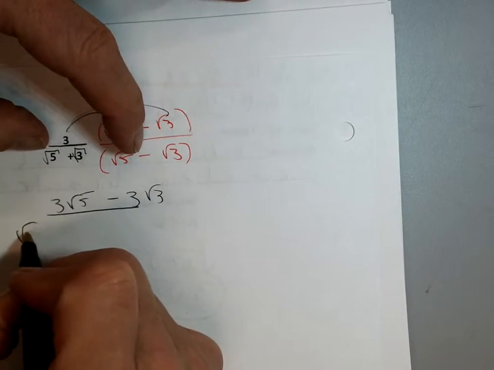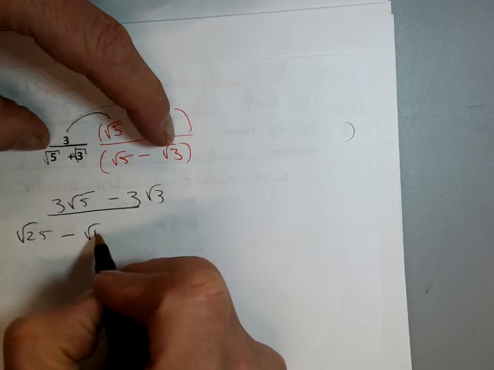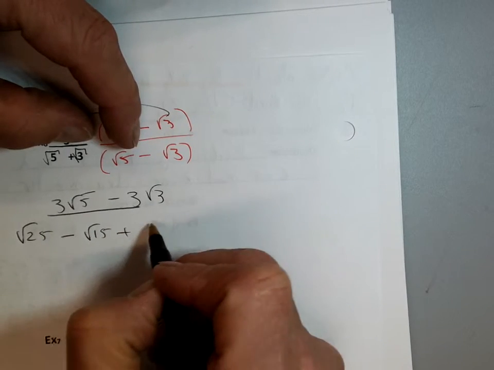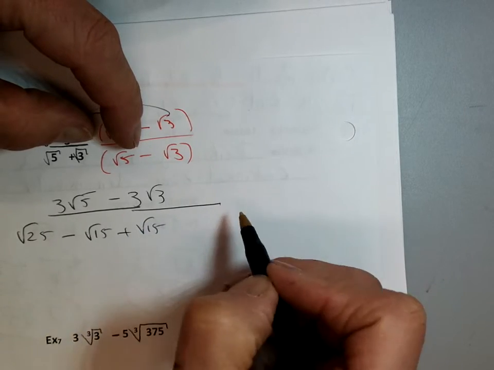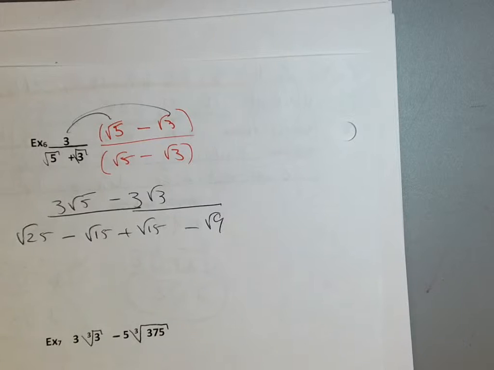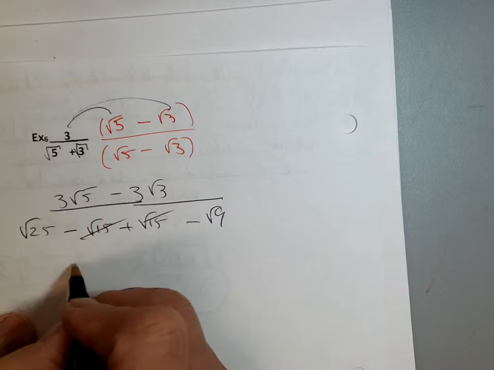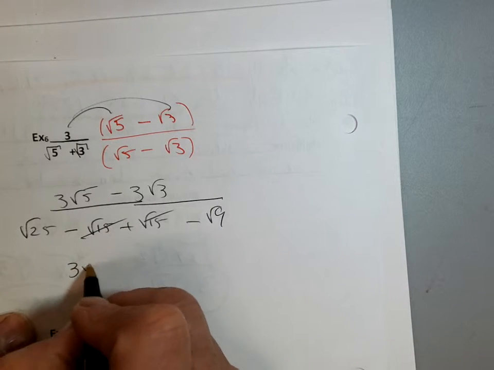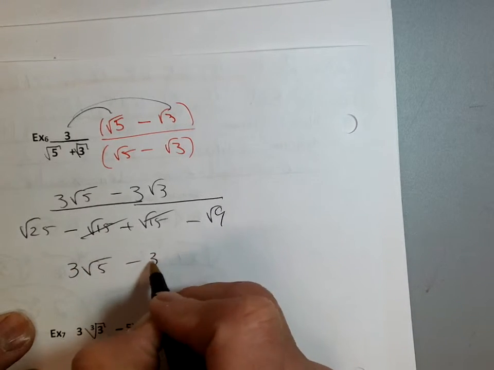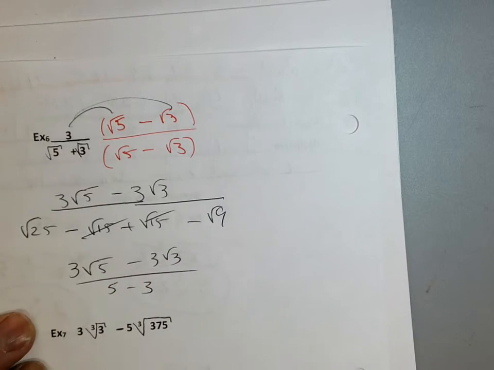Square root of 25 minus the square root of 15 plus the square root of 15 minus the square root of 9, right? Cancel, cancel, right? Yeah, I'm going to have 3 square roots of 5 minus 3 square roots of 3 over 5 minus 3.